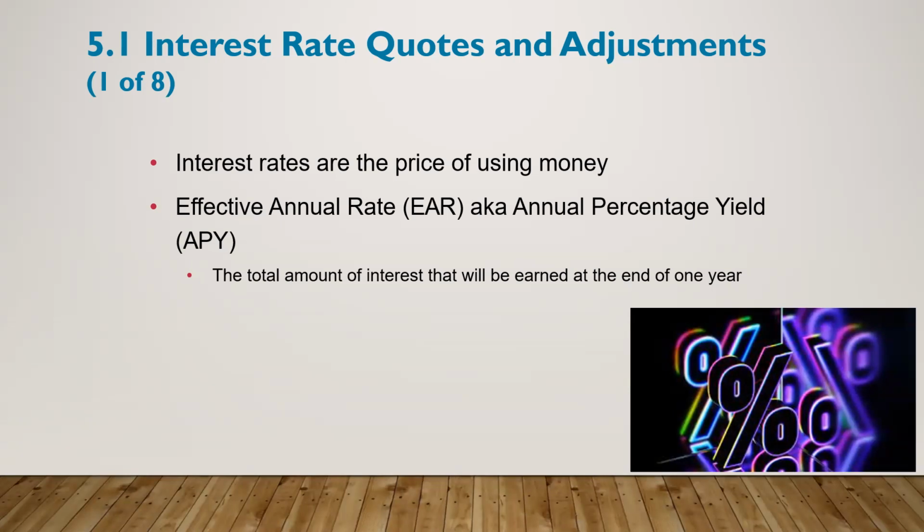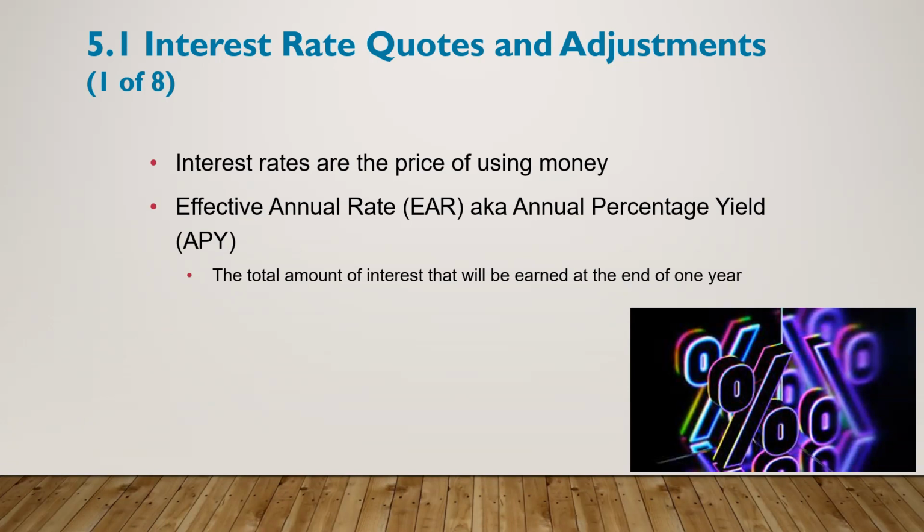Now, both EAR and APR are used in the context of expressing the annualized interest rate on financial products, whereas they consider the impact of compounding.